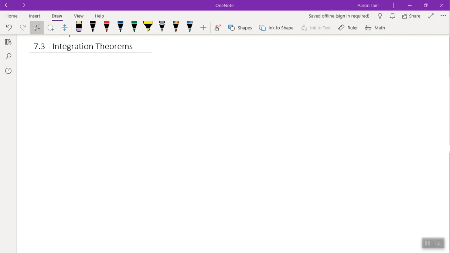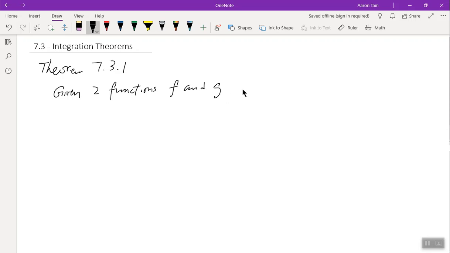So here's our first theorem, theorem 7.3.1, which states the following. Let's say given two functions, f and g, and they are both the same type of function, so f maps from Rn to R, and g also maps from Rn to R. So these two functions have the same domain and same range.